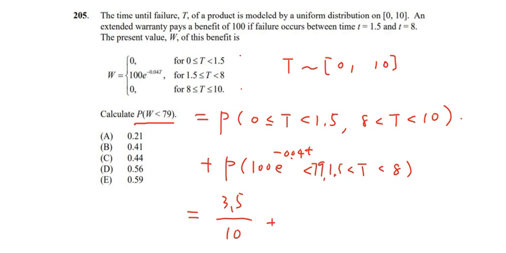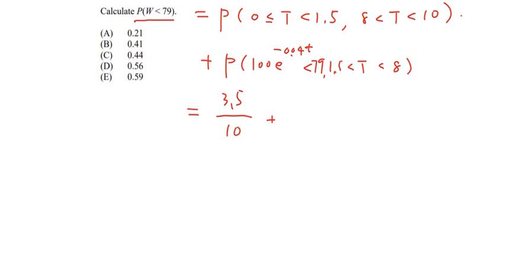So there are two conditions. One is t less than 1.5. The other one is negative 0.004 t less than the threshold.